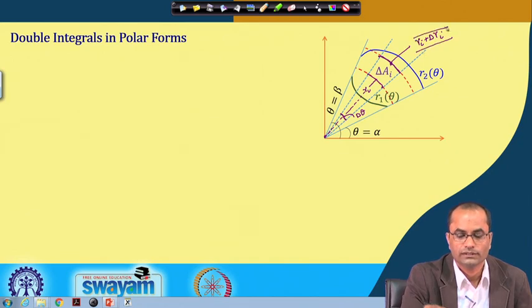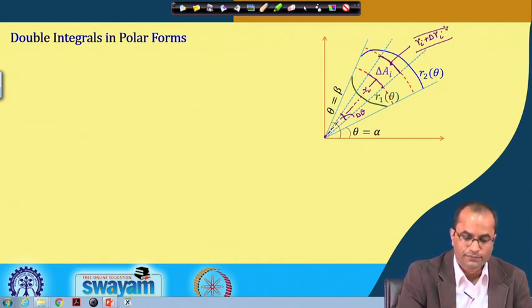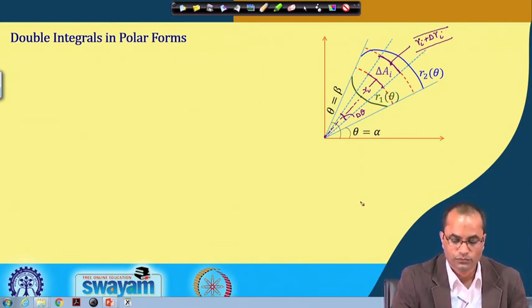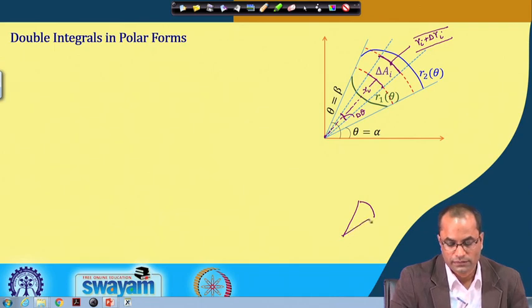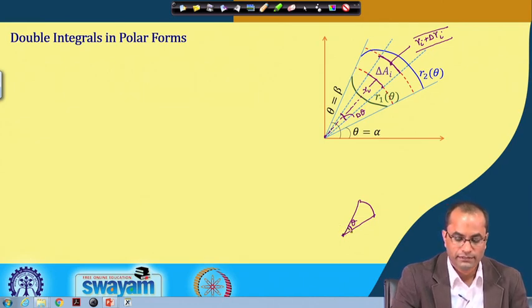Considering this, we also have to know that once we have a circular arc forming an angle theta, the area of this region will be theta by 2 into r square, with radius r.